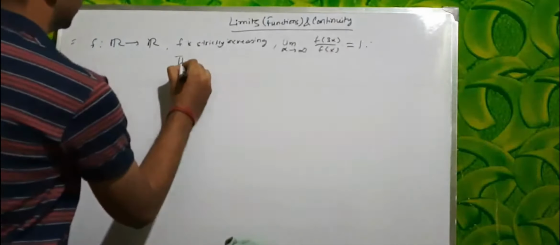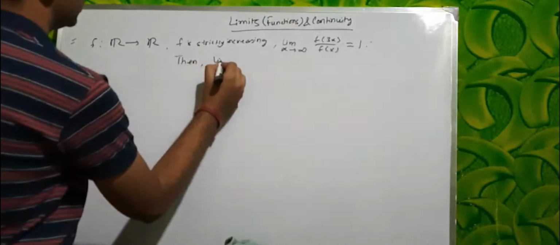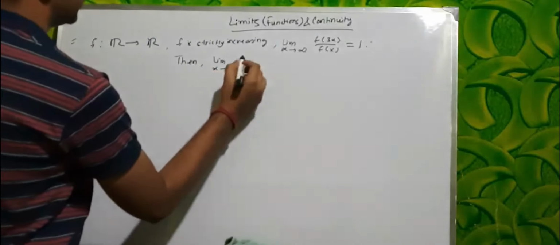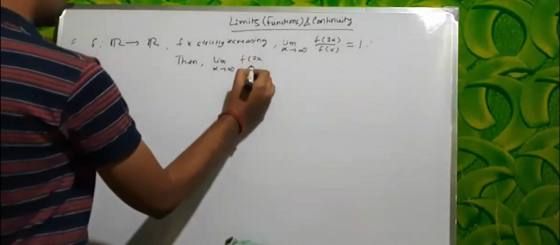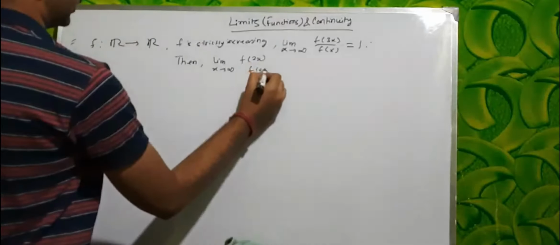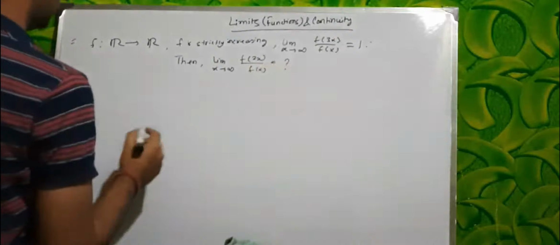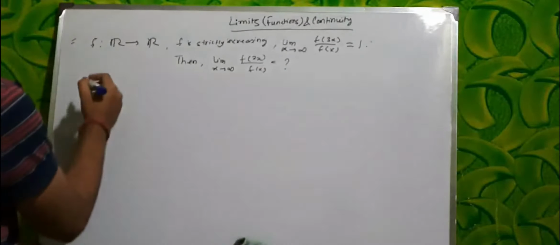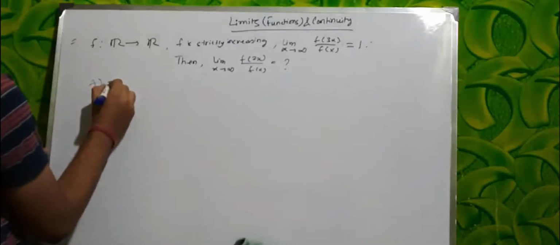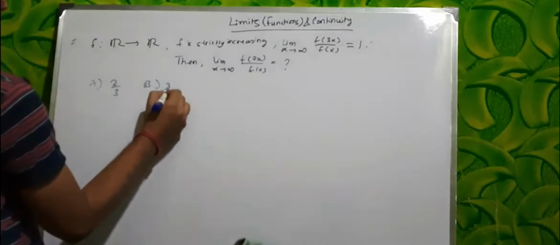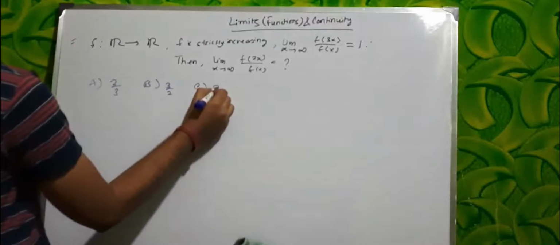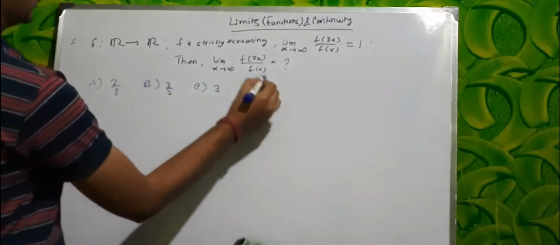Then what we need to find is limit of x tends to infinity f of 2x by f of x. We need to find this, and the options are given as A is 2 over 3, C is 3 over 2, B is 3 and D is 1.